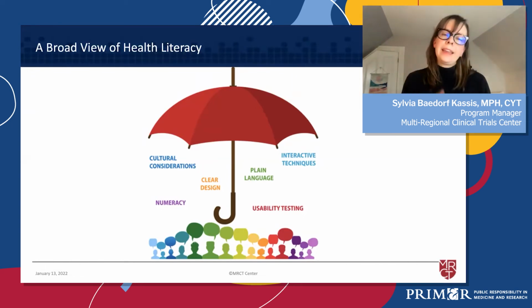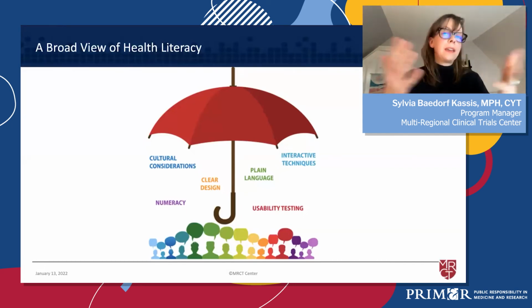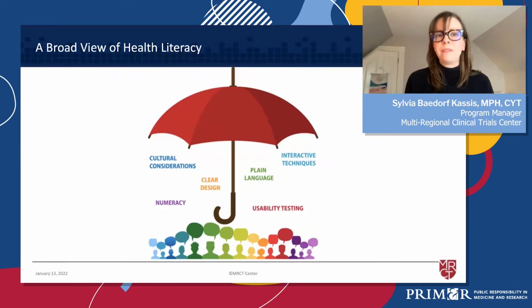So it's the way we lay things out, the way we format things, the fonts we use, the color, the pictures or graphics we include, making sure they are informative and also representative, which ties into cultural considerations and thinking about who comprises my audience and how I am going to best reach them with this information. How would I make it welcoming to them?